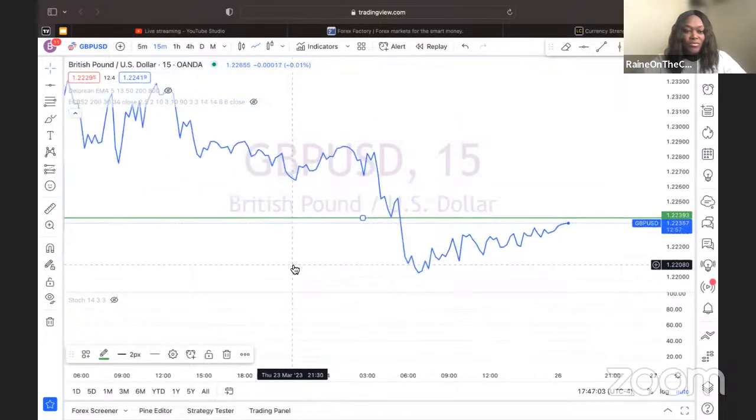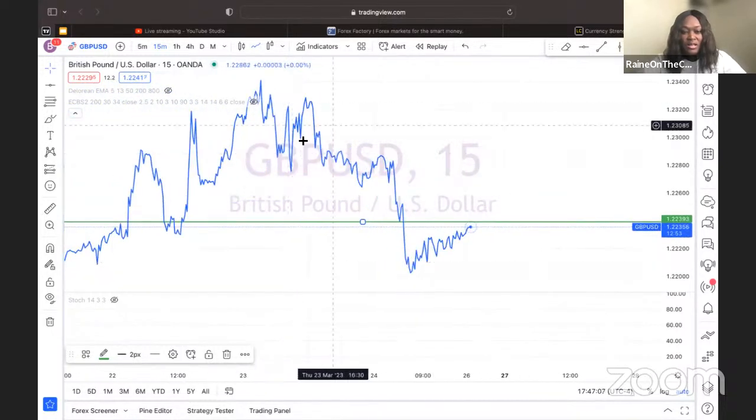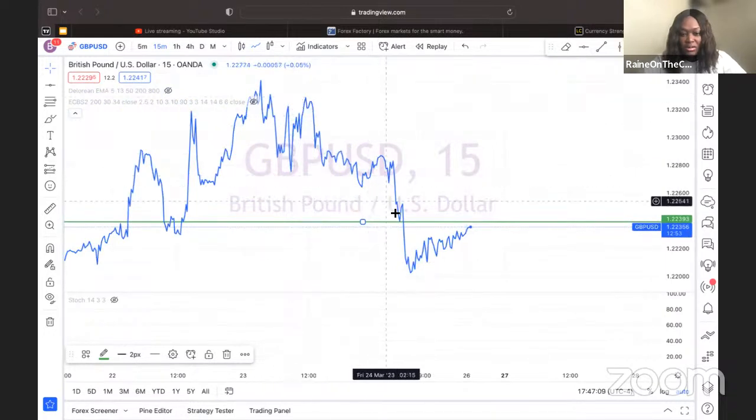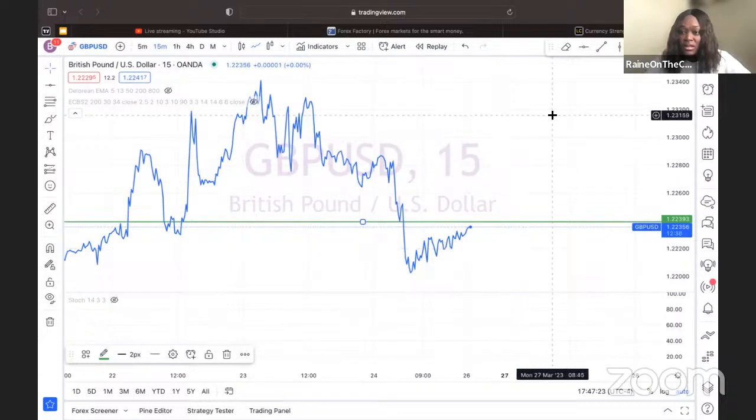So it came down. So this is the floor. It pulled up. It broke all the way down. So now, what makes sense? What should we be doing now? What should we be looking to do?